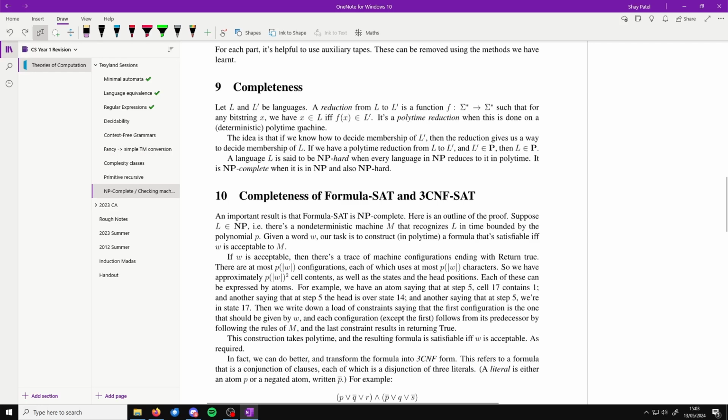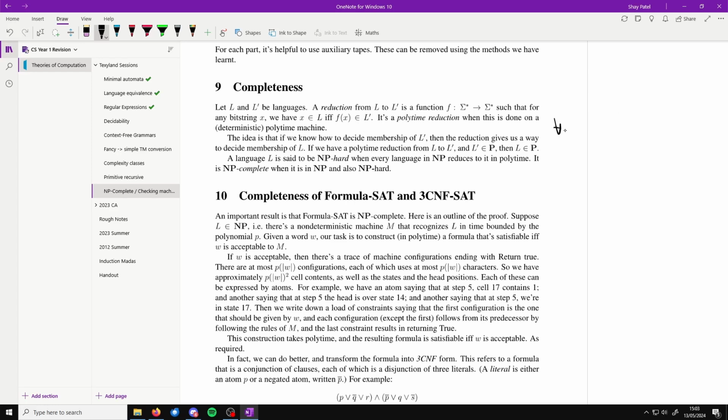we can reduce L to L prime, which is a function which maps one language to another language, where for any string or for any word x, if x is in the language, then some polynomial derivation of that word is in another language.